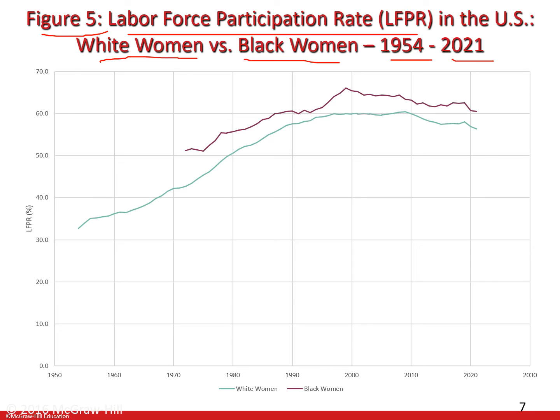Figure 5 also confirms the finding of figure 3 that the participation rate for women in the US has been gradually increasing over time, but we can see that the participation rate of black women is greater than that of white women, and this stabilizes around 60 to 61% for black women, and around 57% for white women.